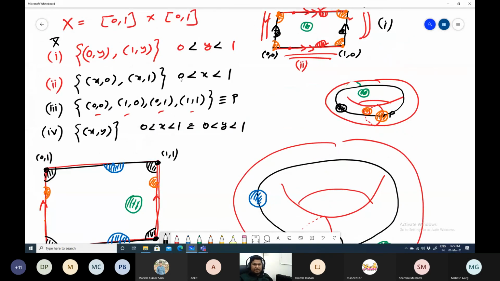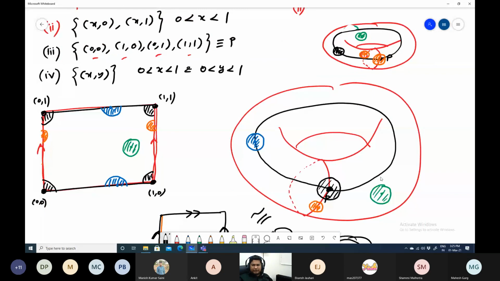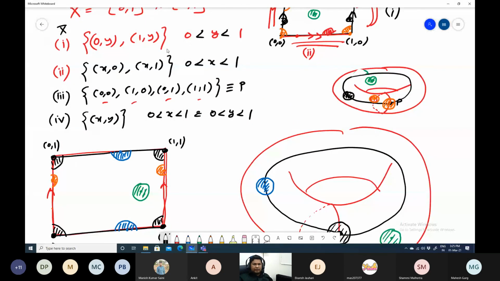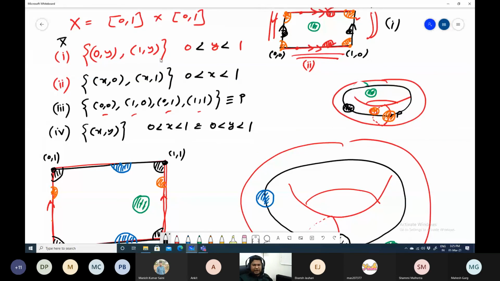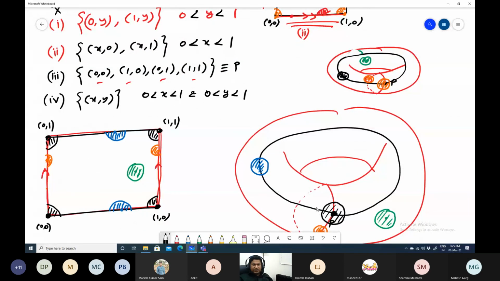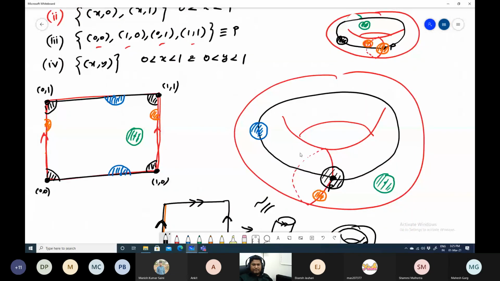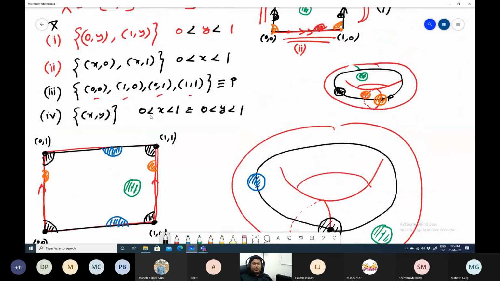The points on this black line, that is item 2, are the points on this black circle here. And the points in the red item are the circle on this one. So we are actually giving the exact topological space only.